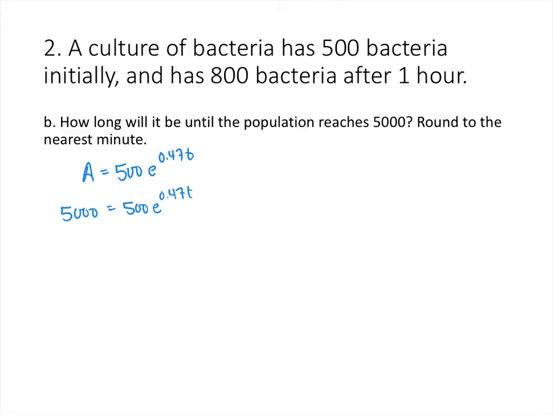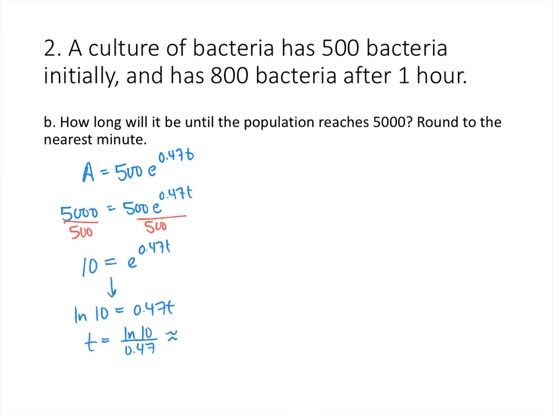Divide both sides by 500 to get the exponential term by itself. That gives us 10 equals e to the 0.47t. Rewriting in log form, we get the natural log of 10 equals 0.47t. Solving for t, we get the natural log of 10 divided by 0.47.